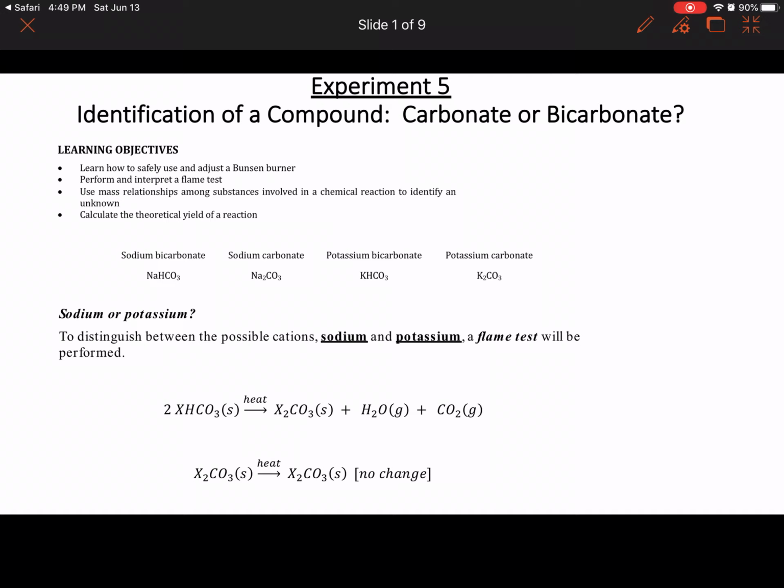So in the flame test, the metal gets excited with the high energy, and then when it comes back to the ground state, it emits a radiation characteristic to the metal ion involved, and that's how you see those colors. So that's a little bit about the flame test and the colors.